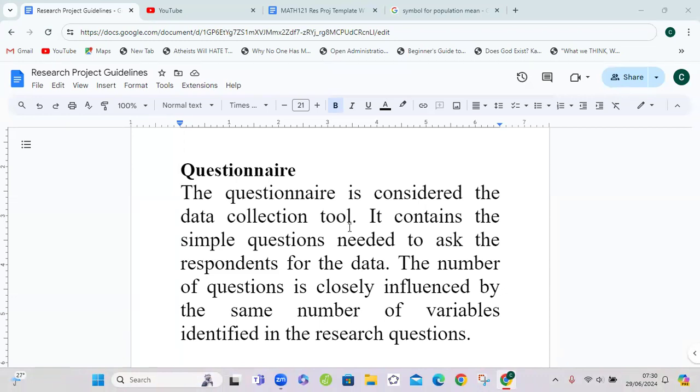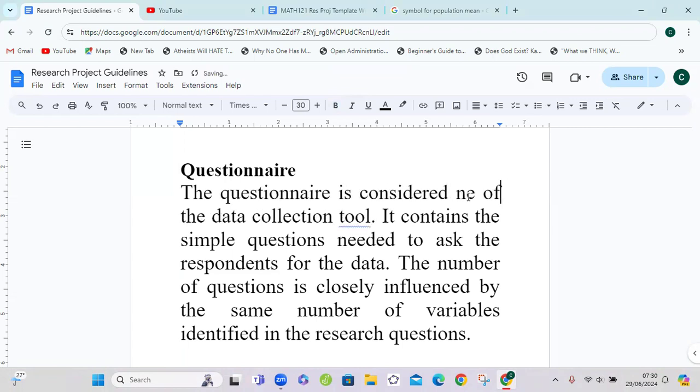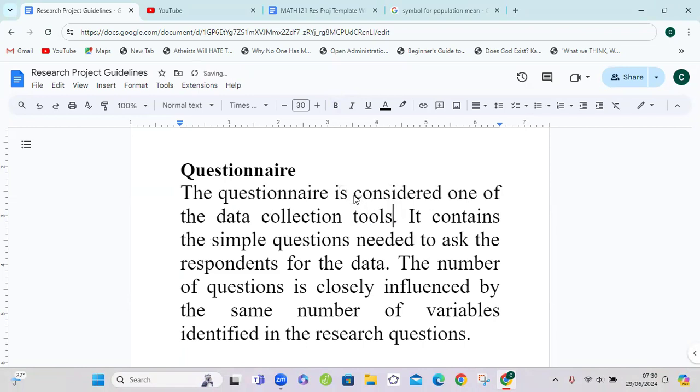One of the data collection tools. It contains the simple questions. Remember, you've got research questions, which require the collection of data to be answered empirically. And you've got simple questions.